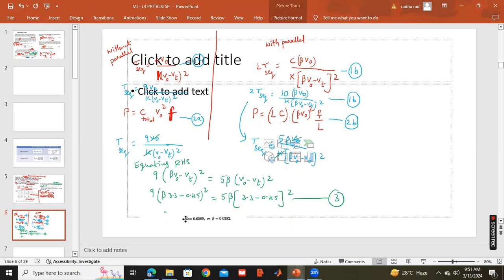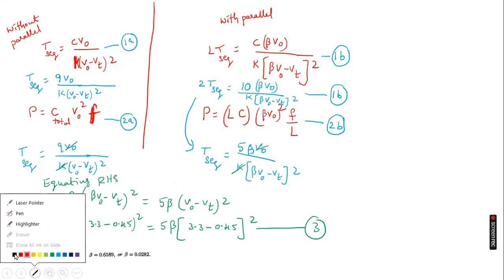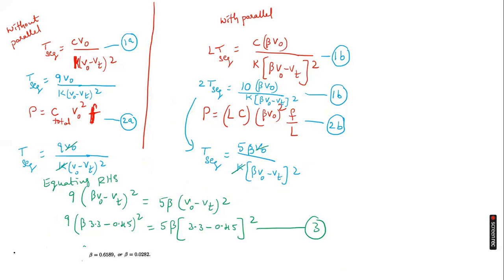Now if you take the square of that, see equations 2a and 2b. Only beta square is additional. L and L will get cancelled in the 2b equation. So I have two values of beta here.